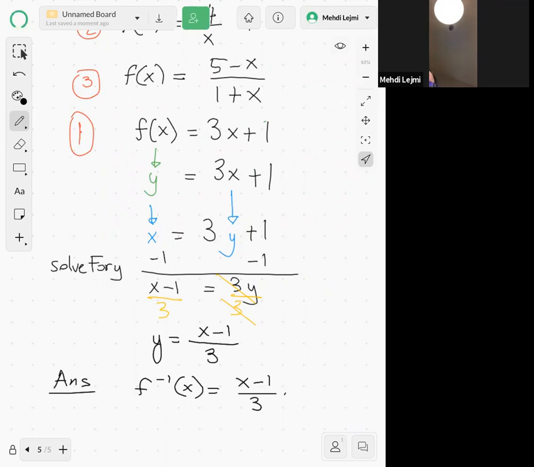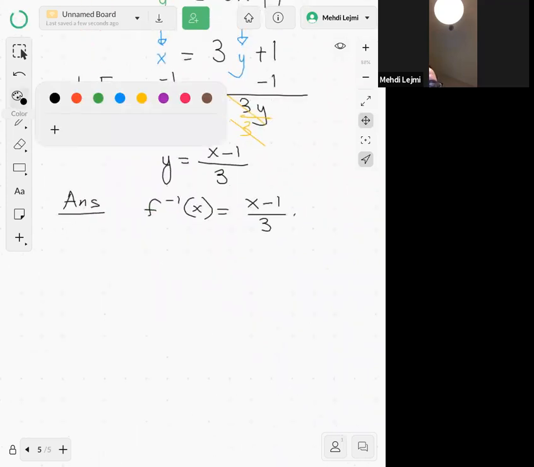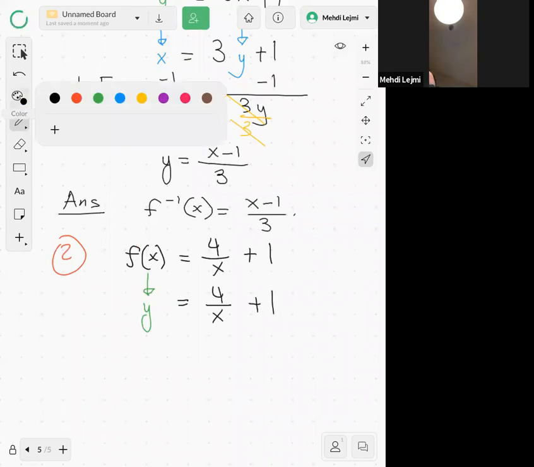Number 2 is 4 over x plus 1. So f of x is 4 over x plus 1. Replace f of x by y. It's y equals 4 over x plus 1. And now change x and y.